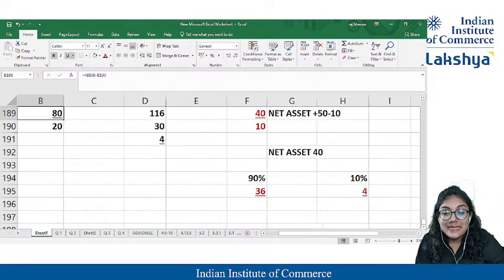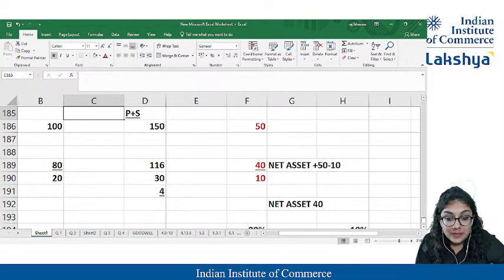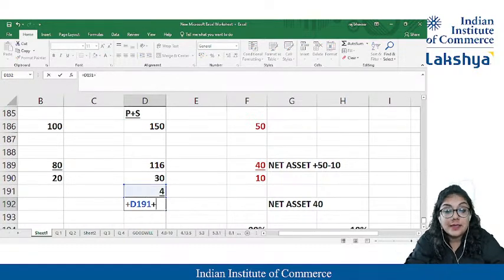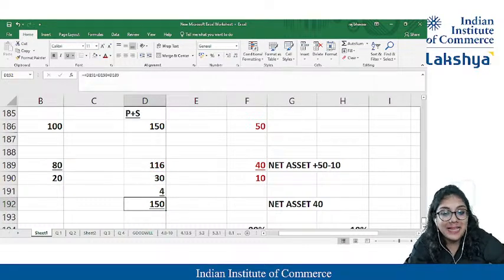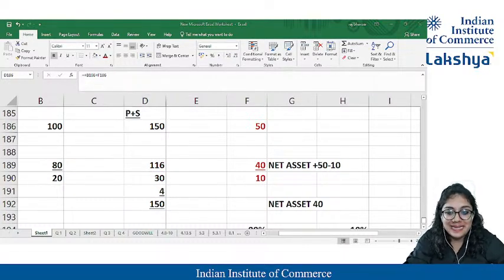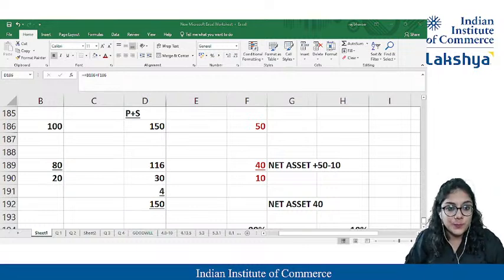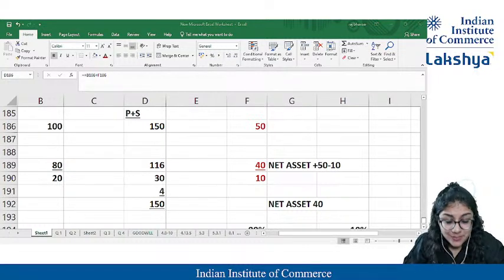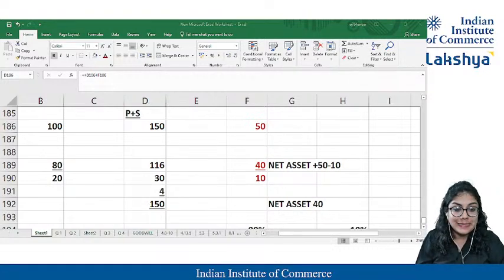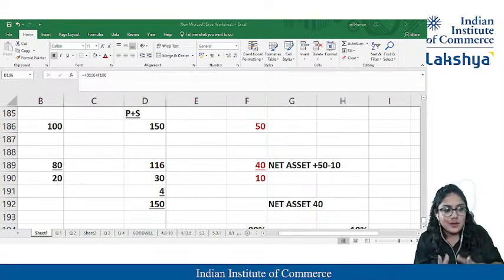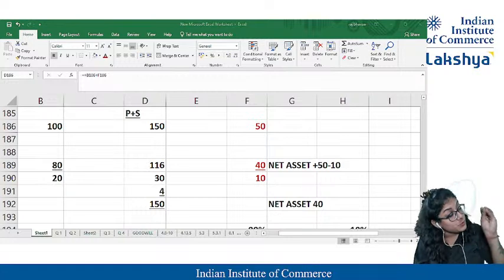So when I take the total now, this will be 150, NCI plus other and my balance. So it's 150 and 150, which gets tallied. Why am I doing so? Because if I am the parent, I want to make my financials full-fledged. At the time of consolidation, I cannot say this much assets portion is mine and this much portion is yours.